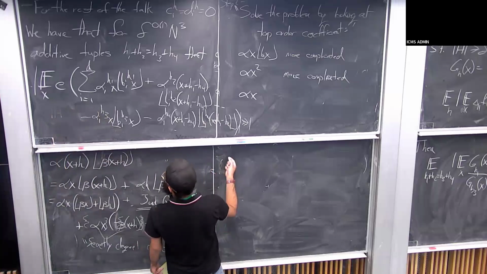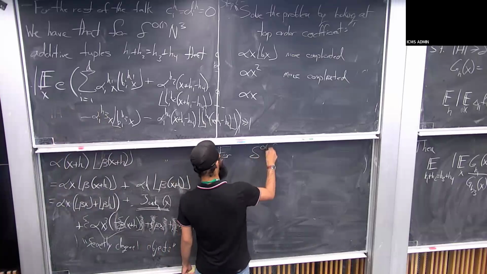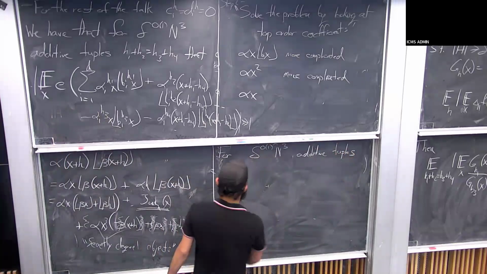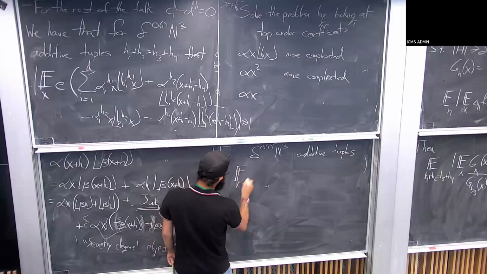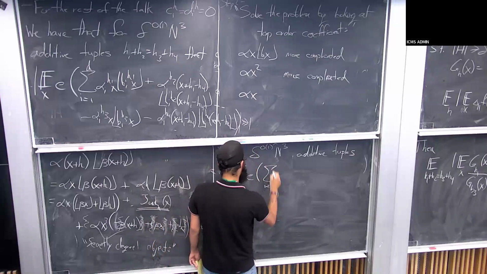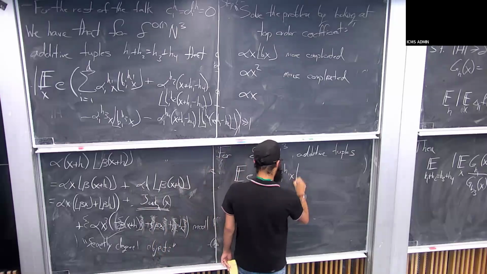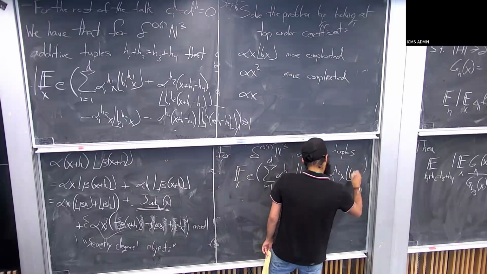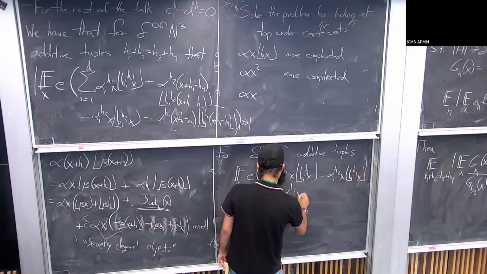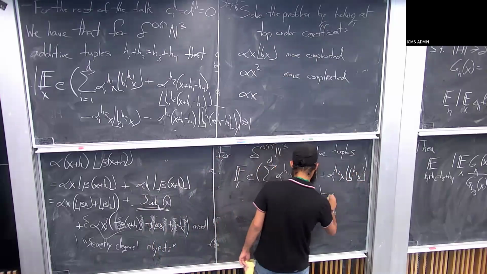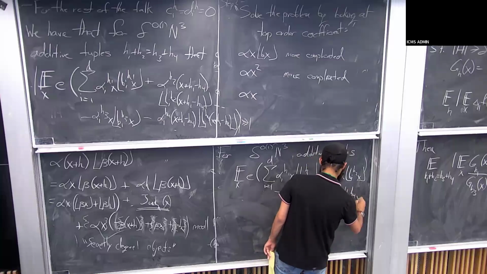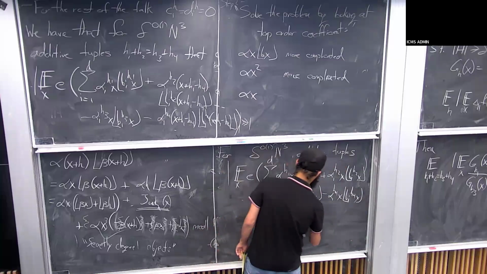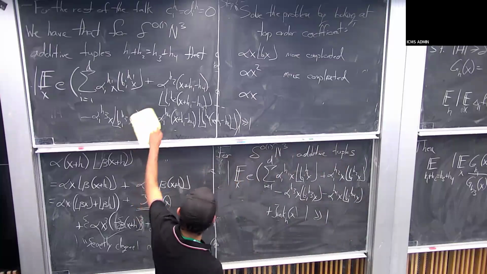I get that for delta to the O(1) many cubed additive tuples, the expectation over X of E of the expression, so somehow I removed the shifts from the equation.